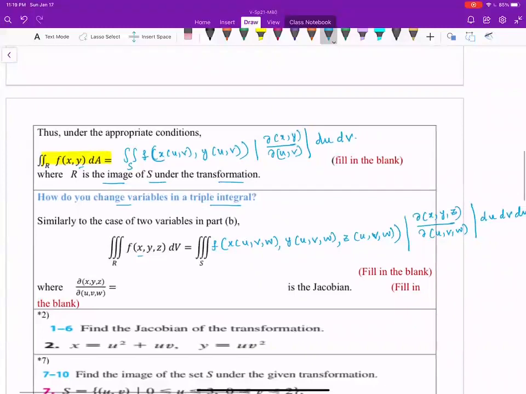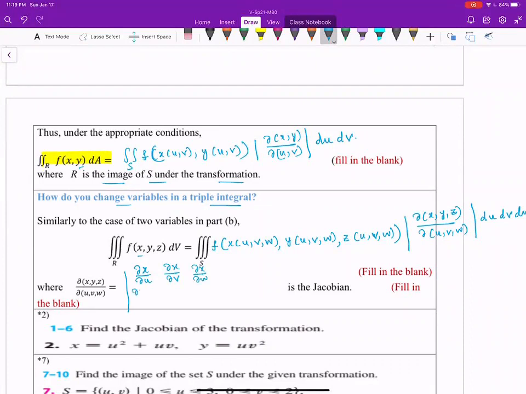Here, partial (x, y, z) over partial (u, v, w) is a third order determinant. Partial x with respect to u, partial x with respect to v, partial x with respect to w.